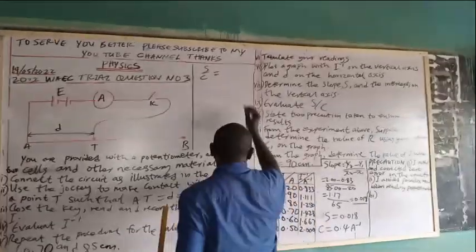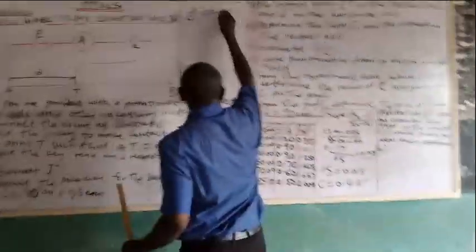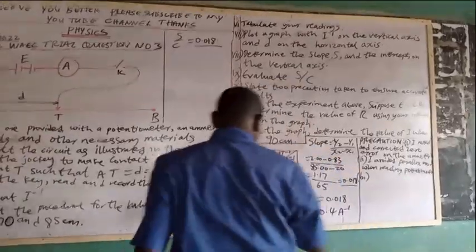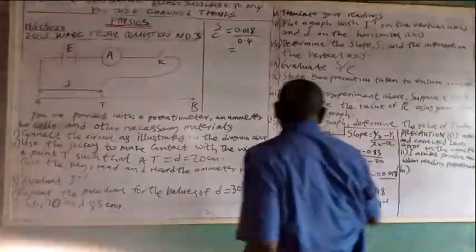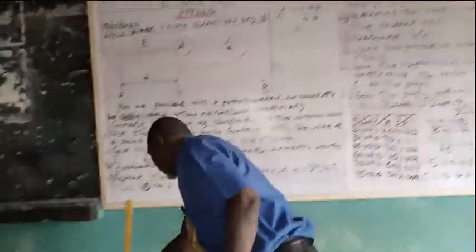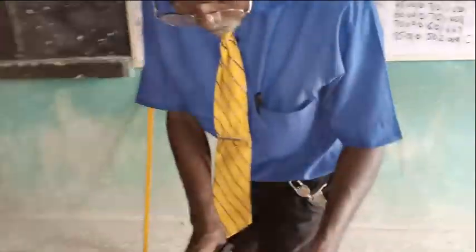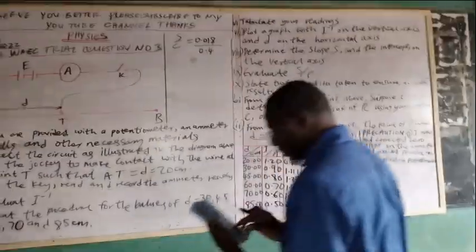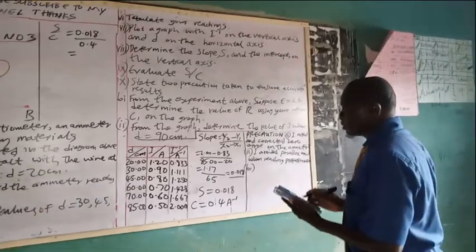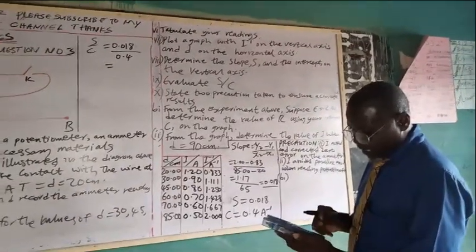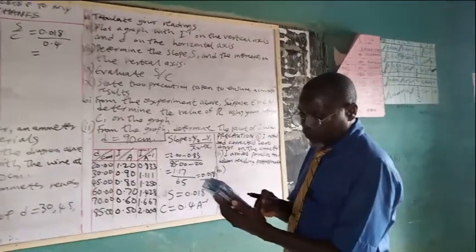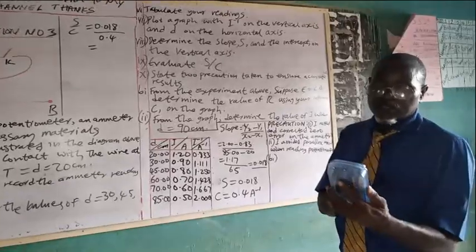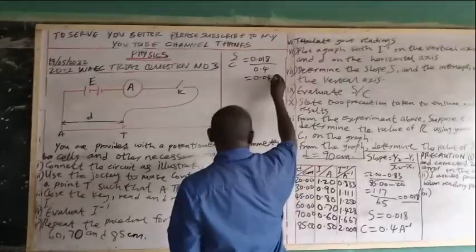Slope is 0.018, intercept is 0.4. S over C will give us 0.018 divided by 0.4. This is equal to 0.045.